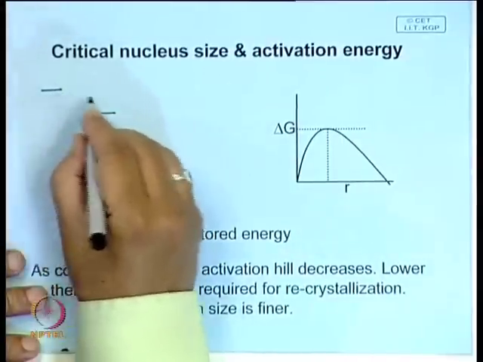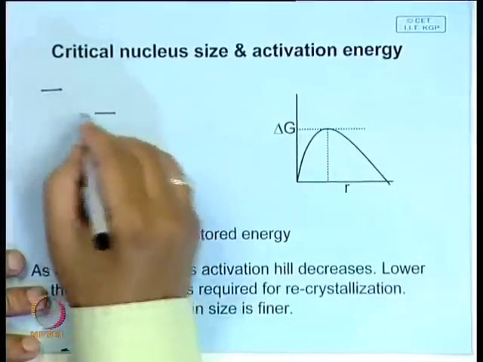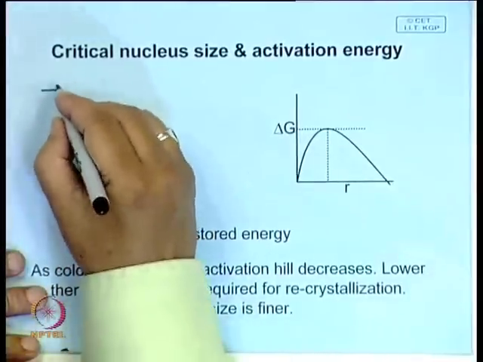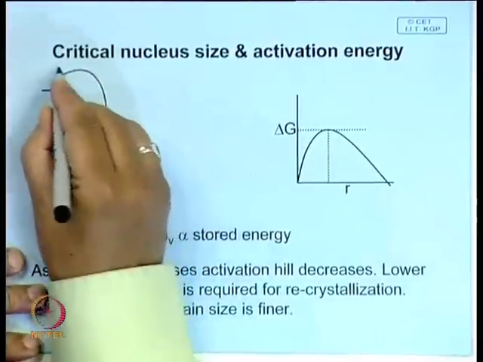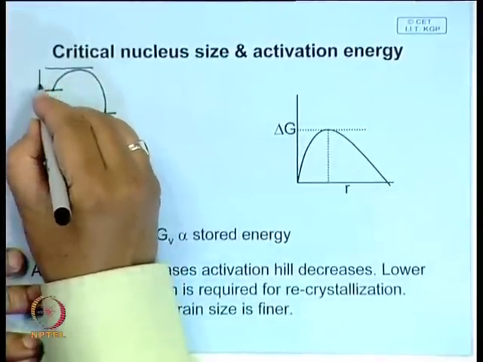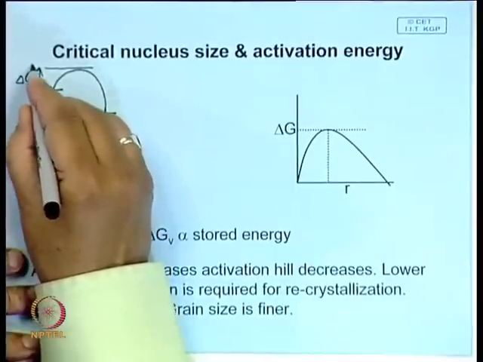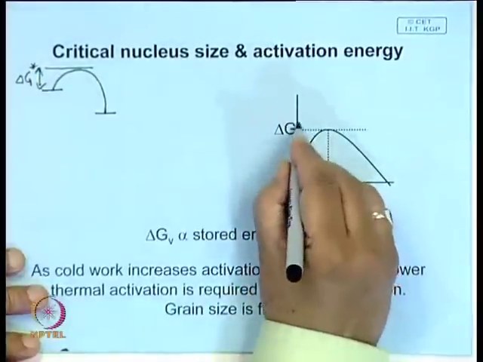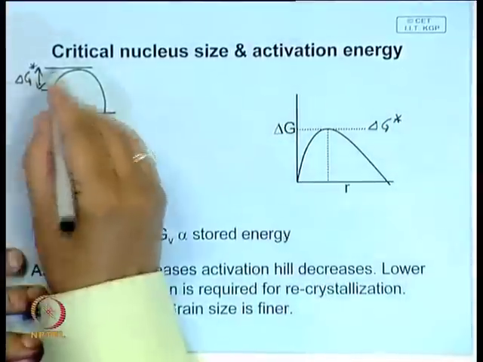Now, from here, although there is a driving force, the process does not continue all by itself, you have to provide a thermal activation, and this is the thermal activation. This is that delta G star.